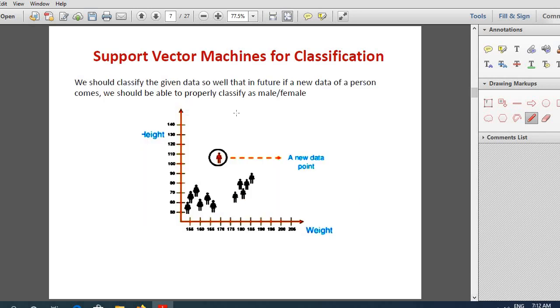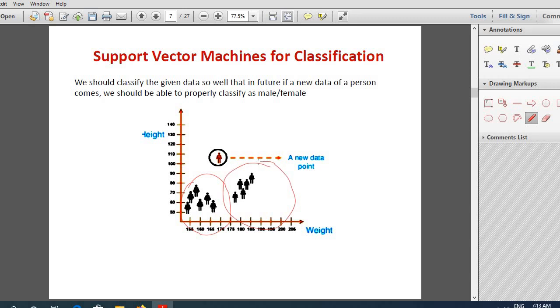Now, you plot that onto a two-dimensional plane, right? You have height and weight, so two dimensions. And now we need to separate the female from the male data.